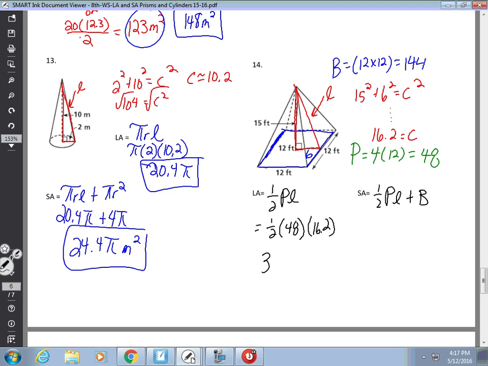We get a decimal answer of 388.8 feet squared. And then we already know the lateral, that's the 388.8. Now we just add the area of the base, which is the 144. That's our big B. So 532.8 feet squared.